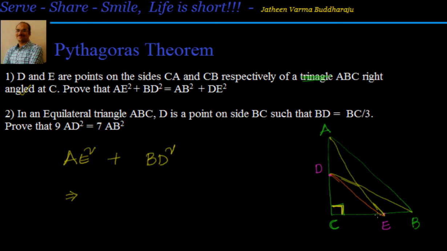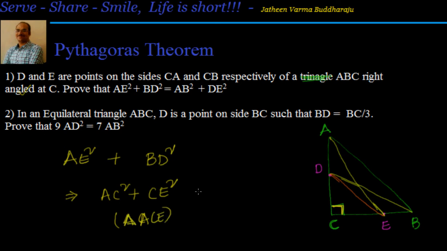AE square, how can I write it? If I take triangle ACE, I can write it as AC square plus CE square.